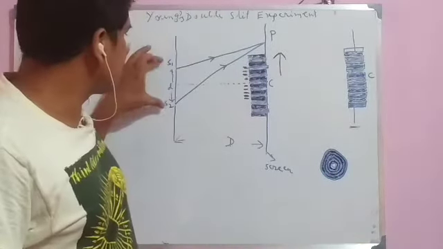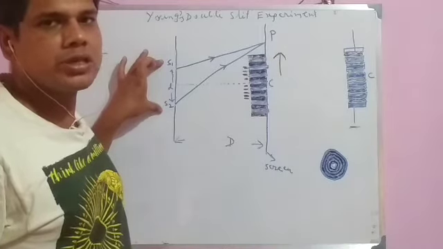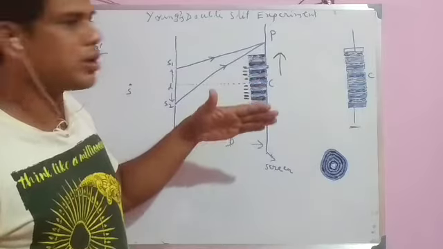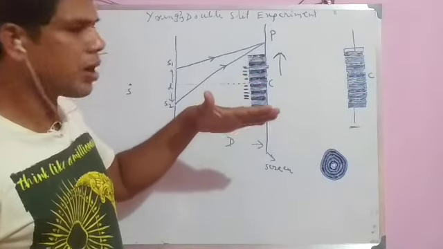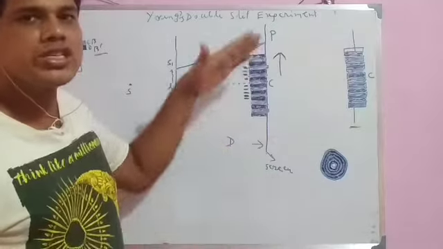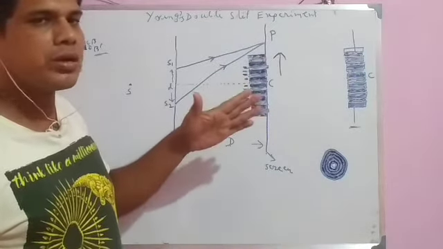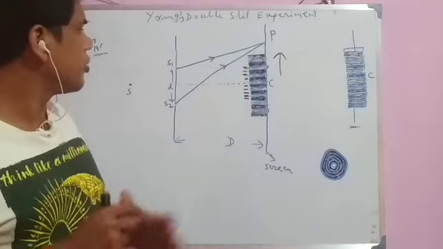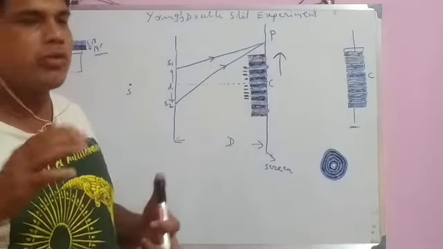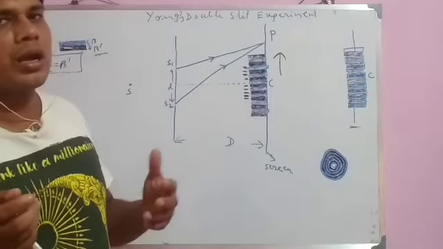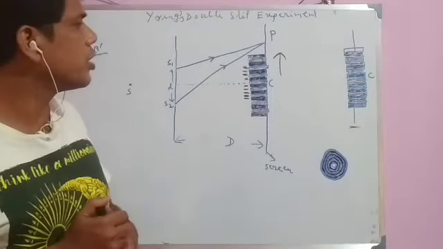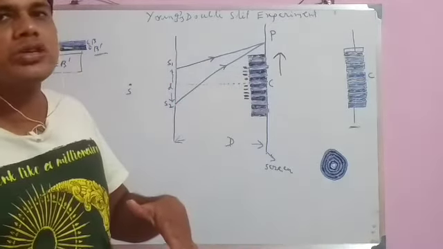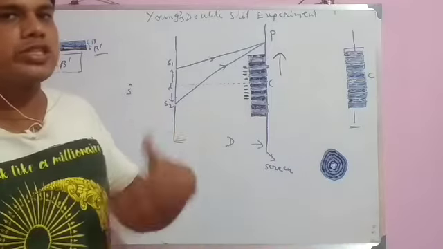If we use white light in Young's double slit experiment, we will get a fringe pattern, but the positions of the bright and dark fringes will always change with respect to time. So to produce a permanent fringe pattern, we must always use monochromatic light.